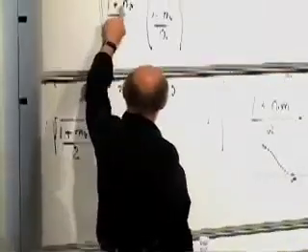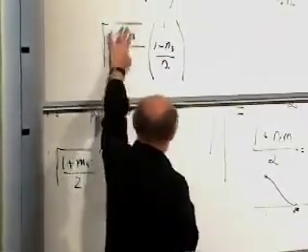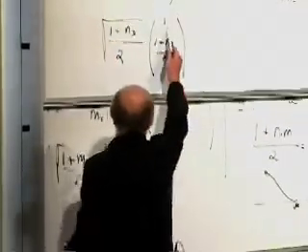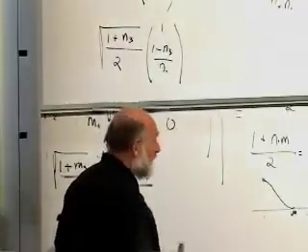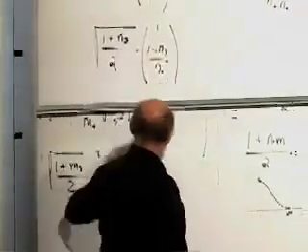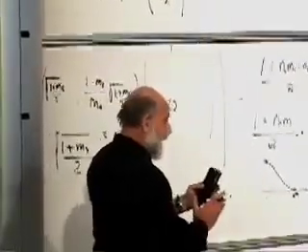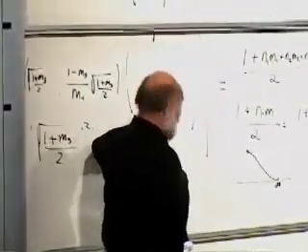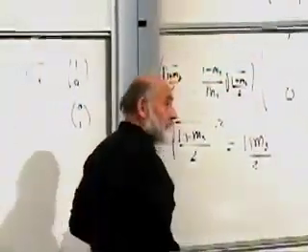Then 1 plus n3 would be 2, and 2 divided by 2 is 1. So this just becomes 1. But 1 minus n3 would be 0. So in fact, for the special case where n is along the third axis, the eigenvector is just 1, 0. And it's the eigenvector then of just plain old sigma 3.